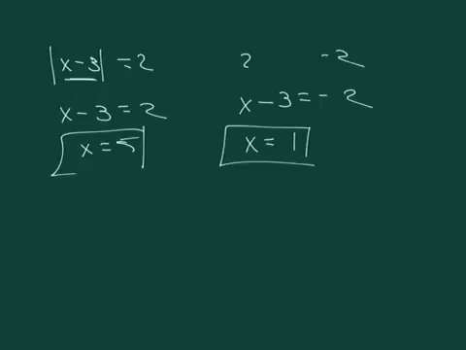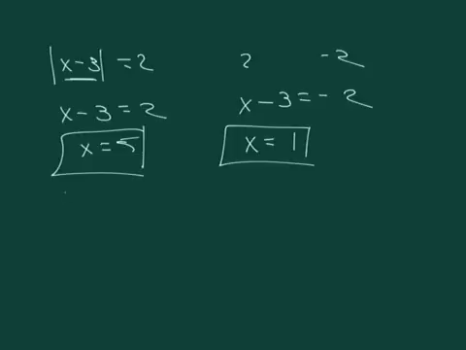So when you have an absolute value with a variable in it and it's equal to a number, whatever is in there, the whole thing is going to be equal to, you're going to make two equations, one with a positive number there, which in this case was 2, and one with a negative. So you're going to get two answers.